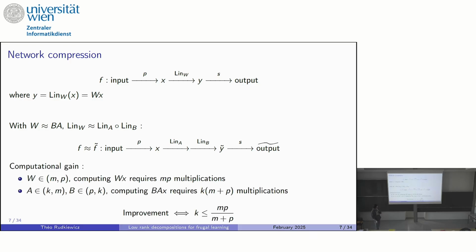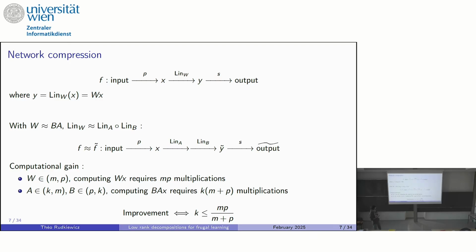So do we gain something with doing this replacement? The answer is, it depends on the rank of the decomposition. At the beginning, we have a full matrix that is of size, let's say, m times p, and computing Wx requires mp multiplications.